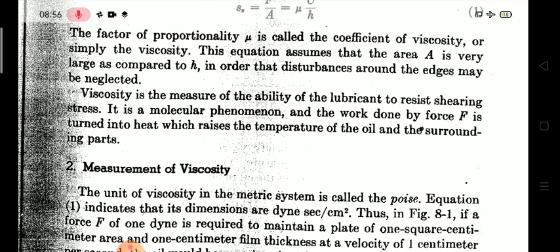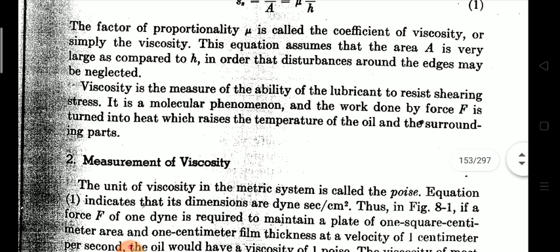If there is an oil film, then shear stress is produced from one layer to another layer. Due to these shear stresses, one layer tries to force another layer to move in its direction, right? So viscosity opposes this force.